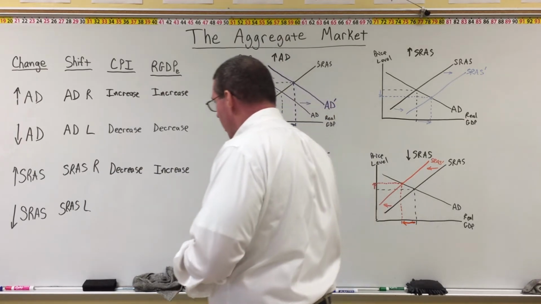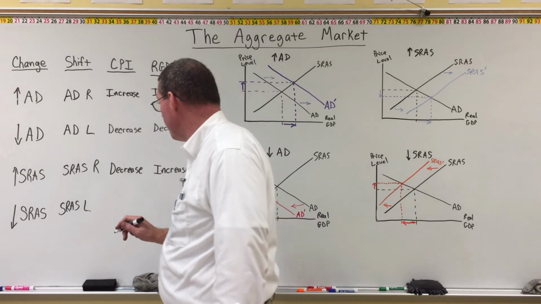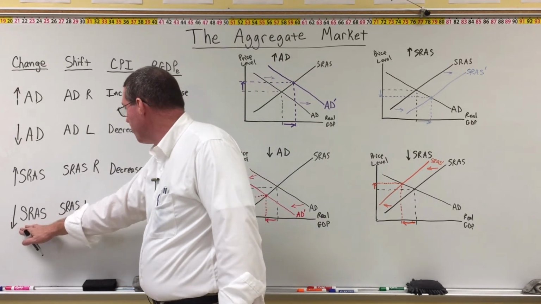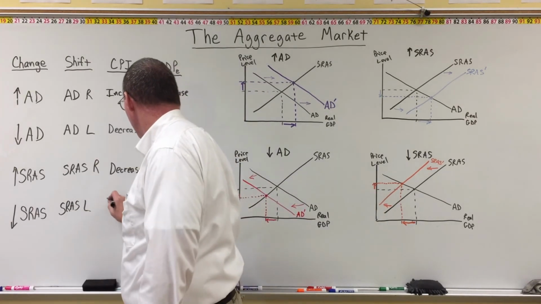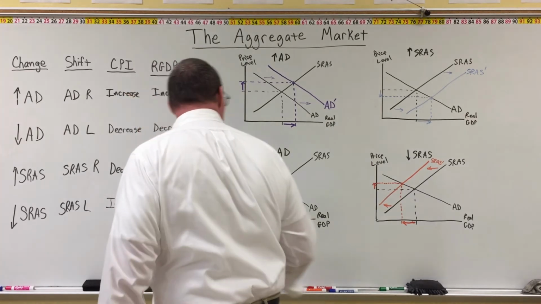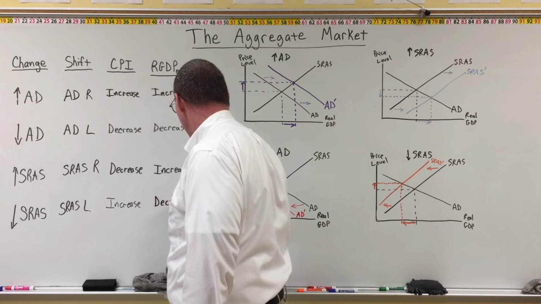That doesn't sound good for the economy, at least in my opinion. But that may be just a normative issue. You don't have to listen to me. So when short-run aggregate supply decreases, we will have an increase in CPI, but we will have a decrease in equilibrium real GDP.